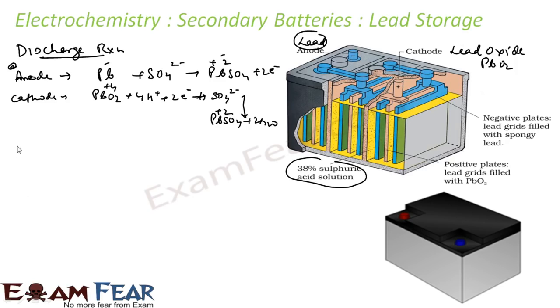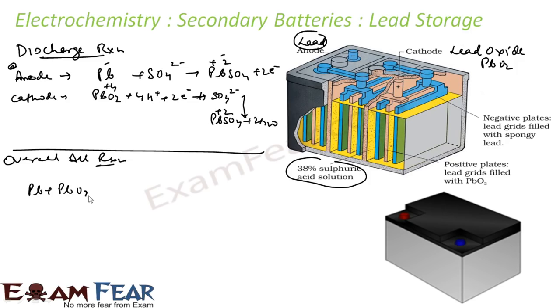So reduction happened. On charging, the same reaction will be reversed. If you want to write the overall reaction, it will be lead plus PbO2 plus 4H plus, again from sulfuric acid, plus 2SO4 2 minus, again from sulfuric acid, will give me 2PbSO4 and 2H2O. That is the reaction.